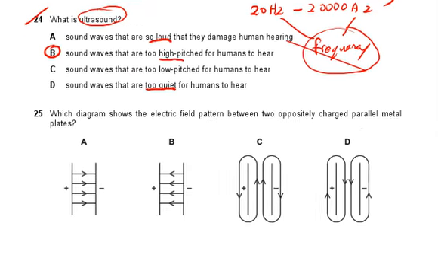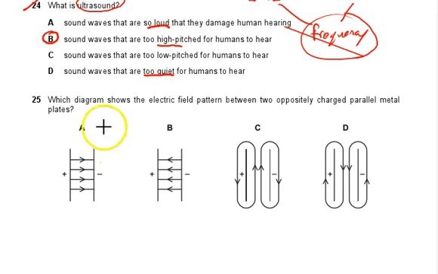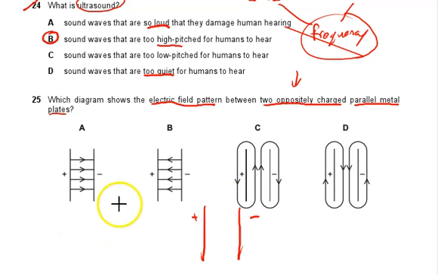Okay, number 25. Which diagram shows the electric field pattern between two oppositely charged parallel metal plates? So if you're asking for two oppositely charged plates, a positive plate and a negative plate, remember the field goes out from positive toward the negative.